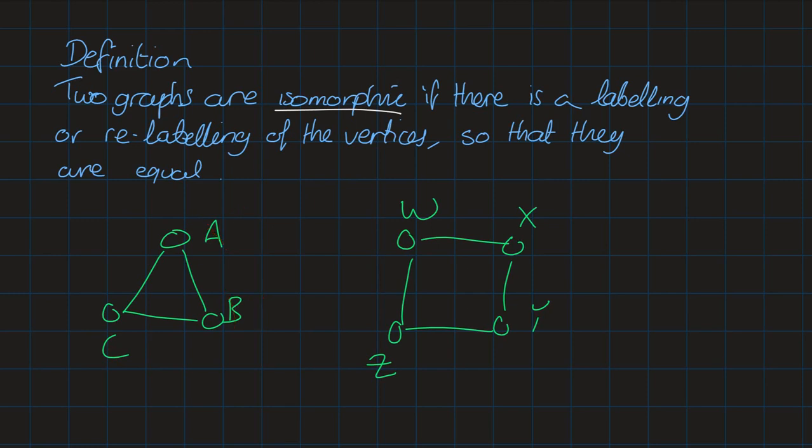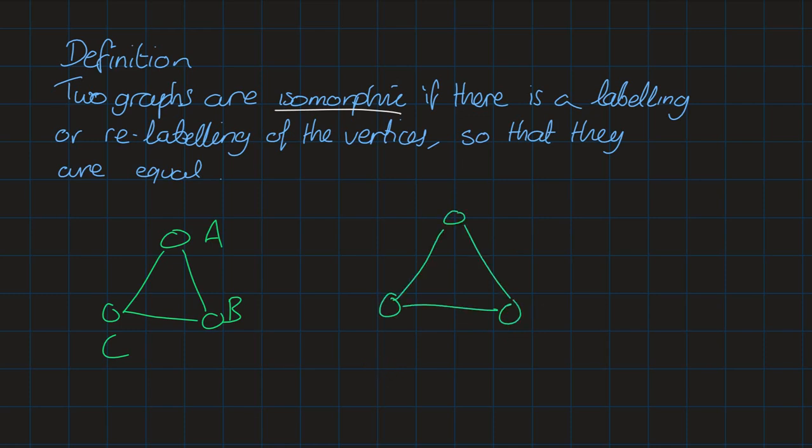But if I were to redraw the second graph just like this, now they are isomorphic, because it's possible for me to cross out the labels and relabel the second one so that they become equal.